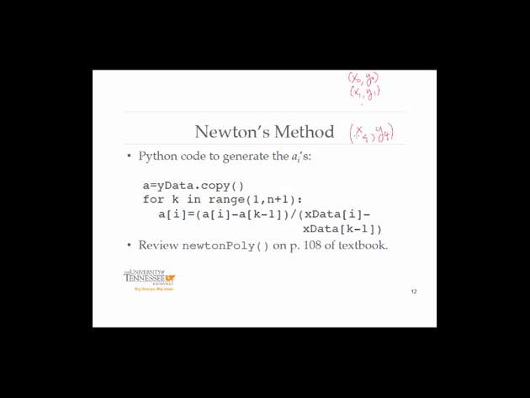So we have 5 ordered pairs, or 5 data points. And what I'm doing then is constructing the 4th order Newton polynomial. Again, if there are 5 data points, the interpolating polynomial will be of degree 1 less than the number of data points. So we're looking to construct P4 of x.